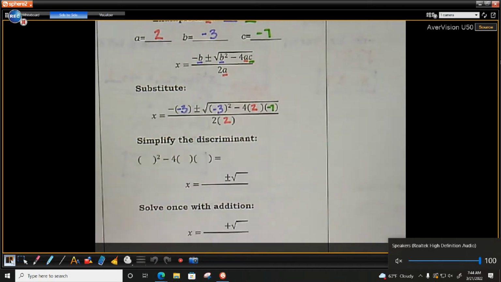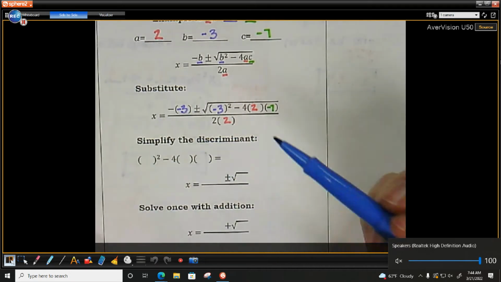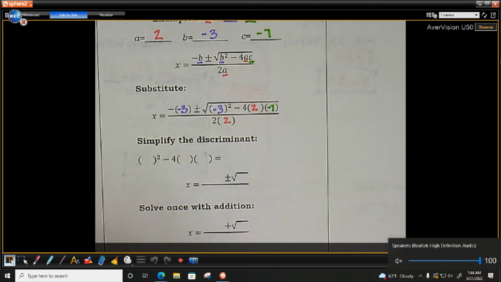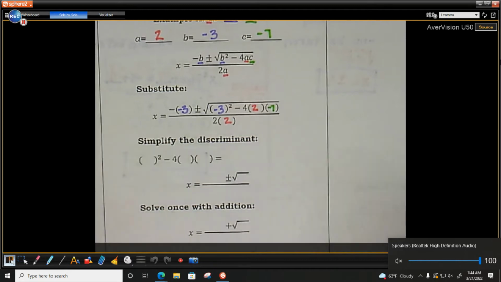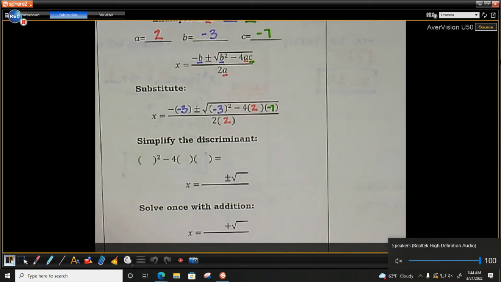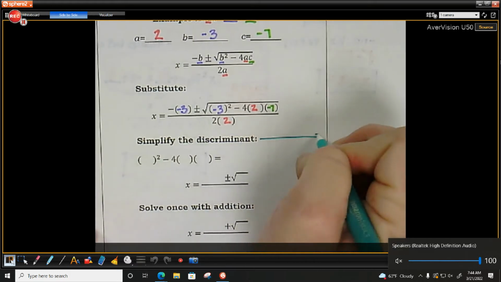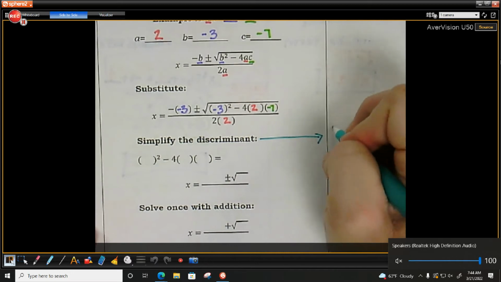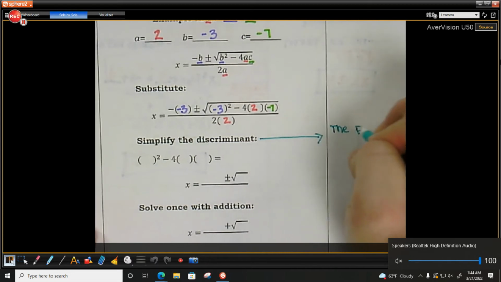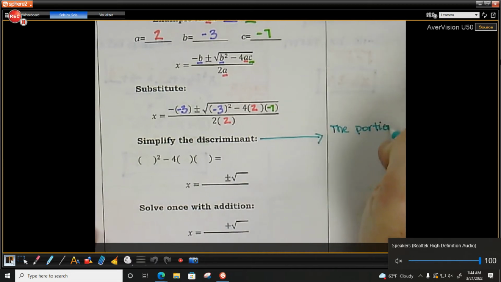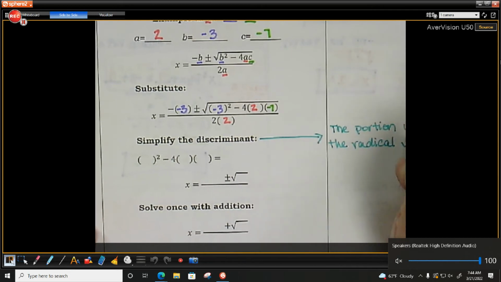Okay, we'll follow it. Simplify the discriminant. The discriminant, this is the portion under the radical, under the square root.